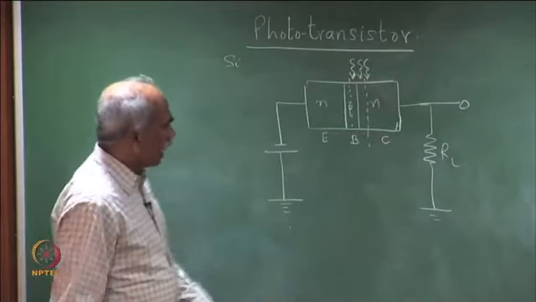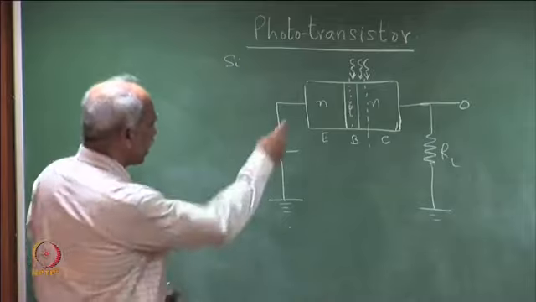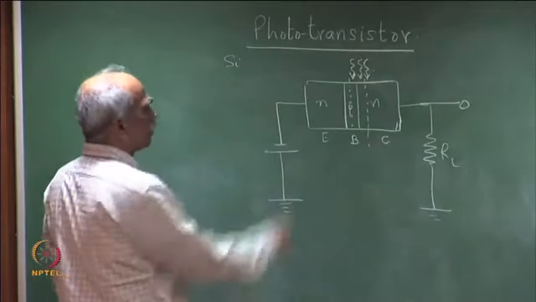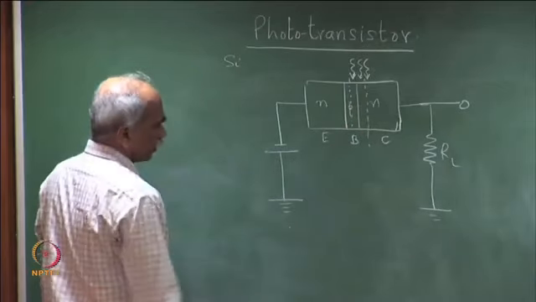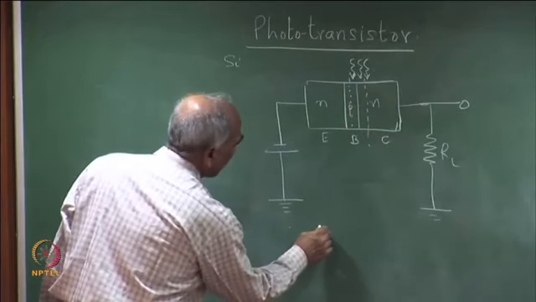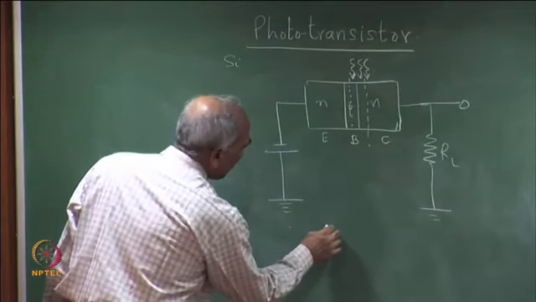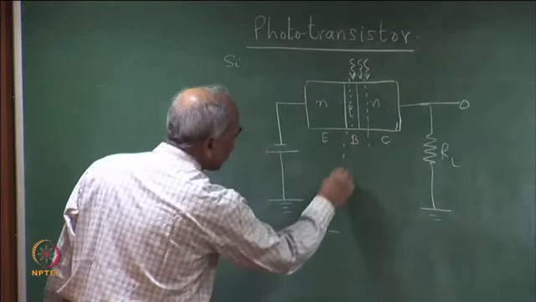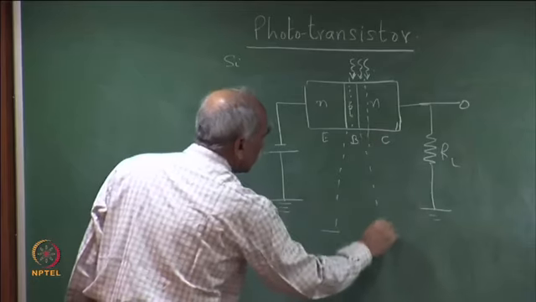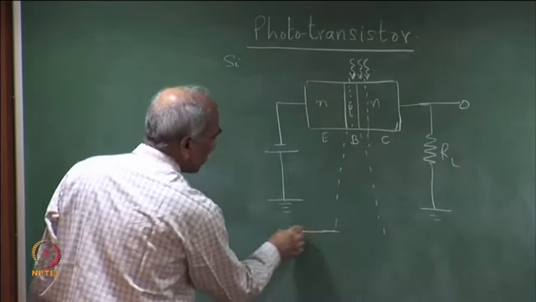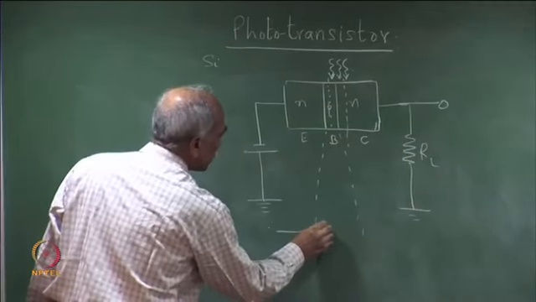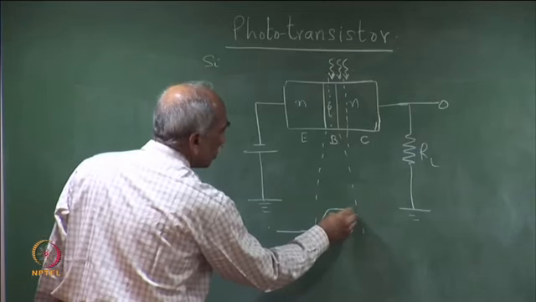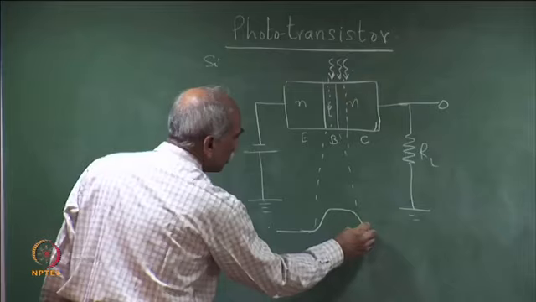This can be understood more clearly if you look at the energy band diagram of this NPN junction. So, let me plot the energy band diagram here. This is the NPN junction, with the PN junction in reverse. This is the P region and the N region.